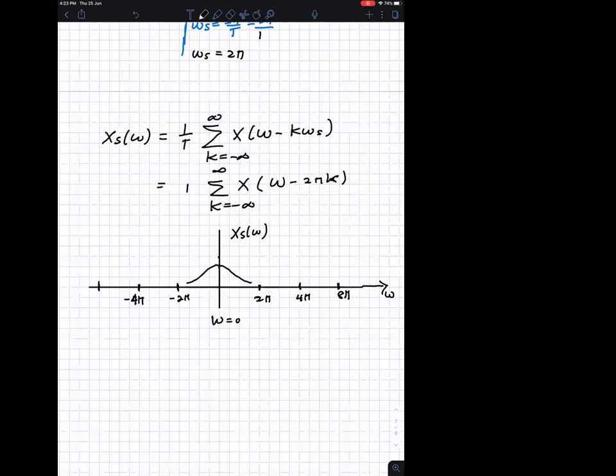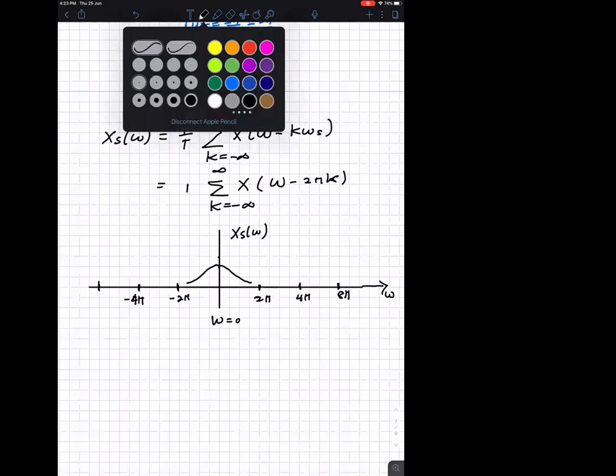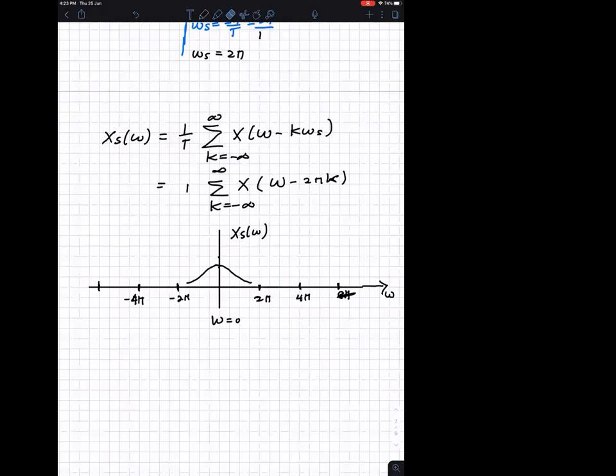When k is 3, you get another signal here, up to k equal to plus or minus 3.